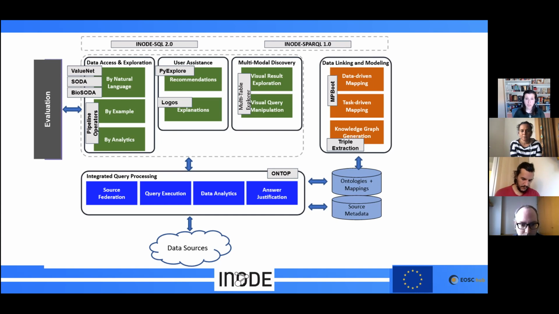Then we have the green parts, where we have essentially data access and exploration capabilities, where we allow the users to ask queries in natural language, not in SQL or Spark or these very difficult languages, but also other types of data access and exploration paradigms through exploration operators, like by example and analytics.